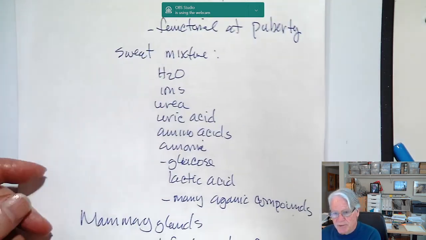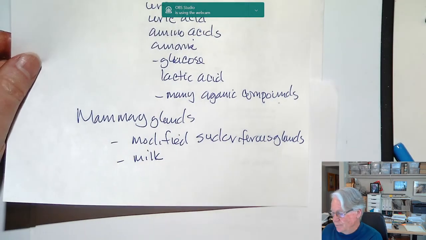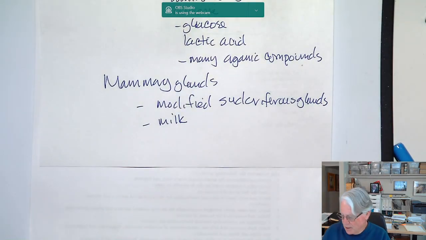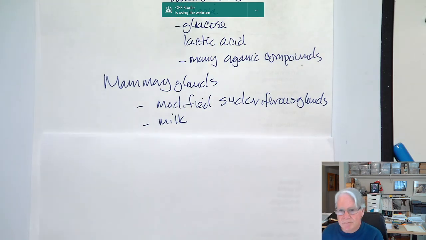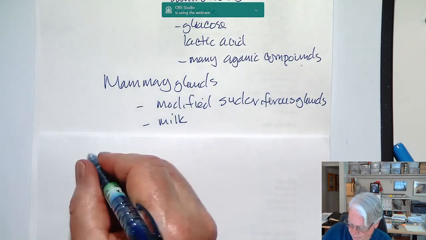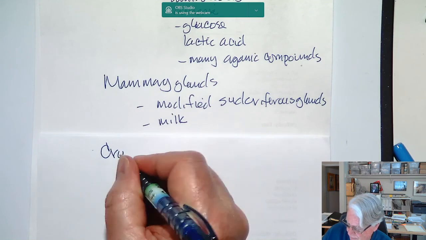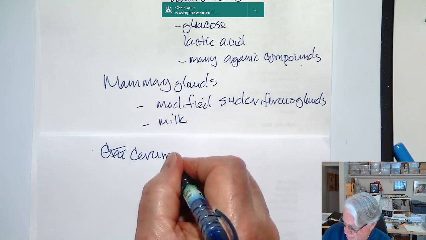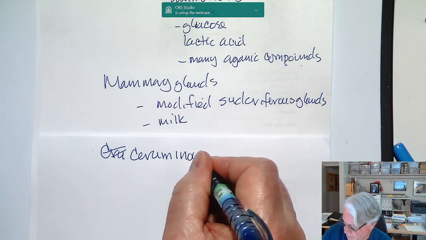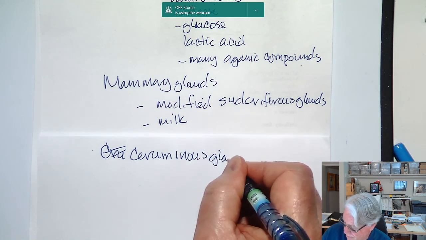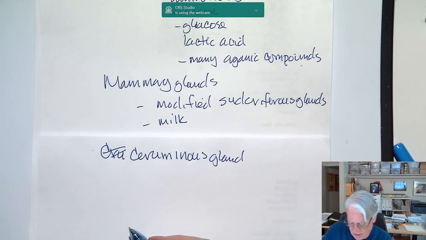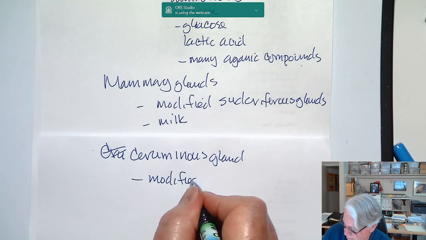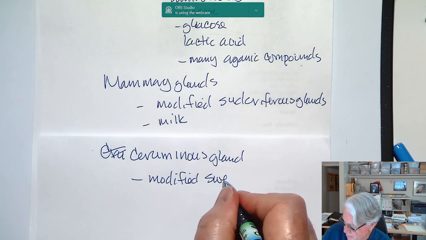And the last type of gland is the ceruminous gland. It's an E. And this is also a modified sweat gland.